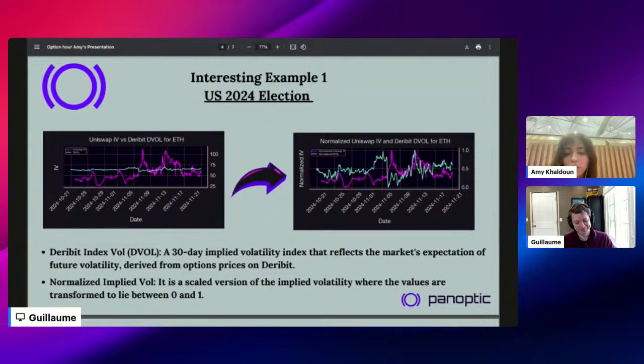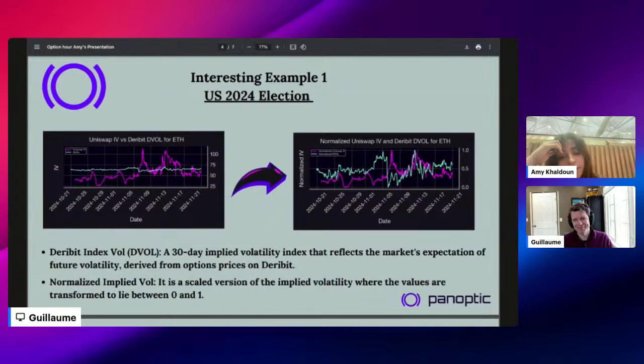Unlike Deribit, Uniswap is known for its liquidity fragmentation. We know that liquidity in Uniswap is spread across multiple tick ranges, and therefore this fragmentation leads to less efficient price discovery, because each tick range essentially creates a micro market with its own supply and demand dynamics.